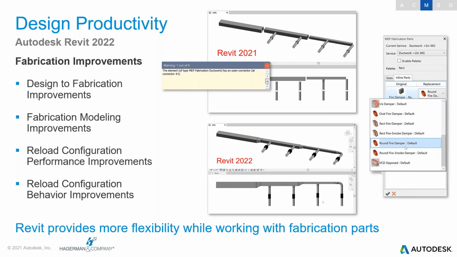And along with this, they've resolved issues known to, on occasion, remove elements when reloading a configuration. So with the new release, this provides more flexibility and reliability in working with fabrication parts.